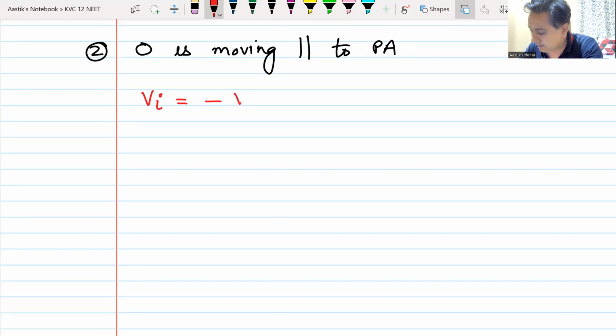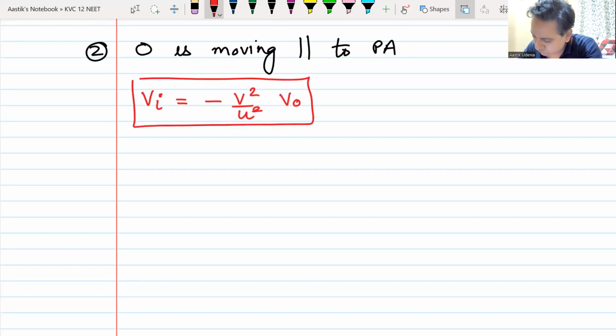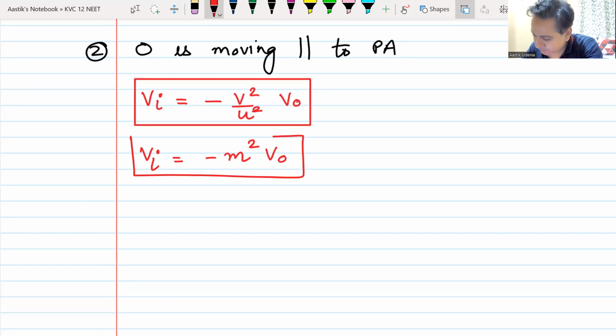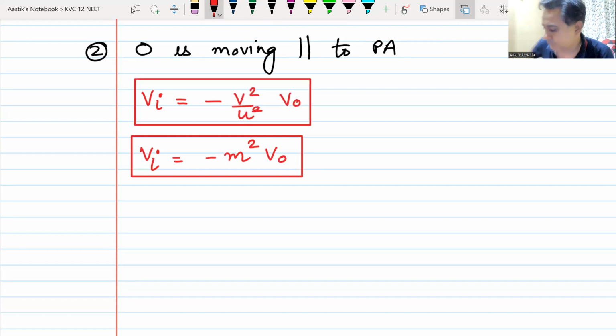So it will be like this: minus V square by U square into VO. Or you can also write it like this: VI will be equal to minus M square times VO. What does M stand for here, my dear friends? Magnification.